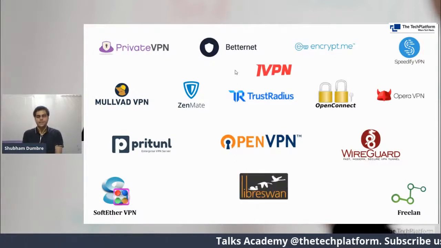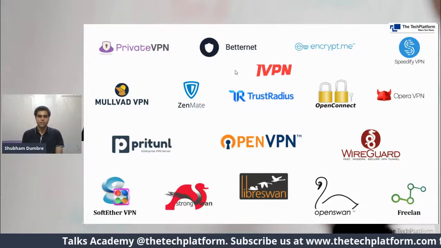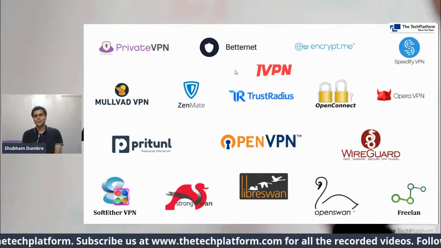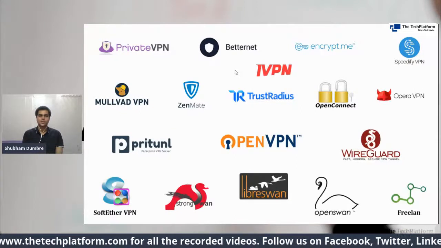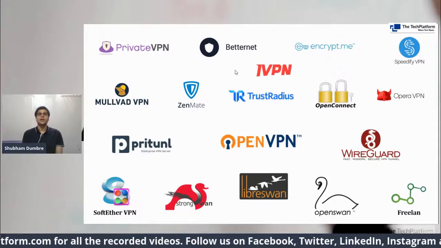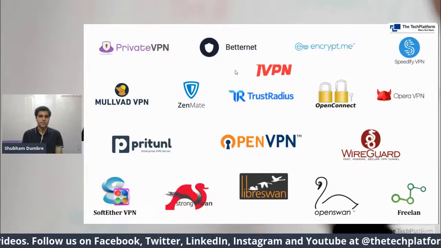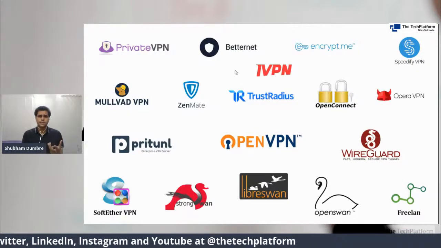Next, LibreSwan, OpenSwan, and StrongSwan. You would find one common thing in all these three, that is Swan. LibreSwan, OpenSwan, and StrongSwan are all open source options for VPNs, and you can try any of these to understand how VPNs work, and to carry out your research and development in a better, secure manner.